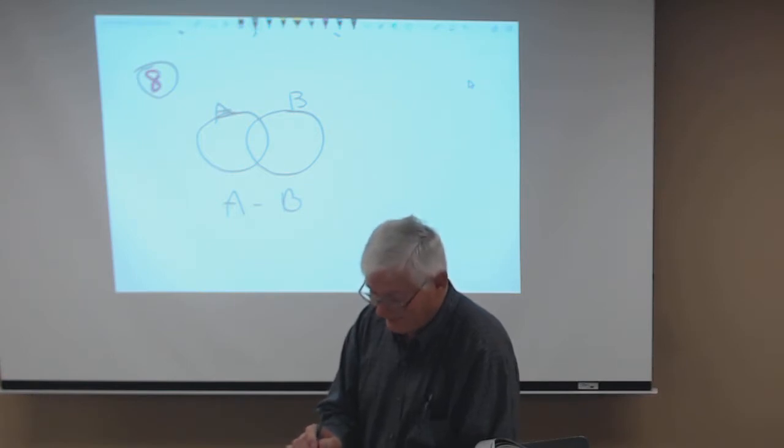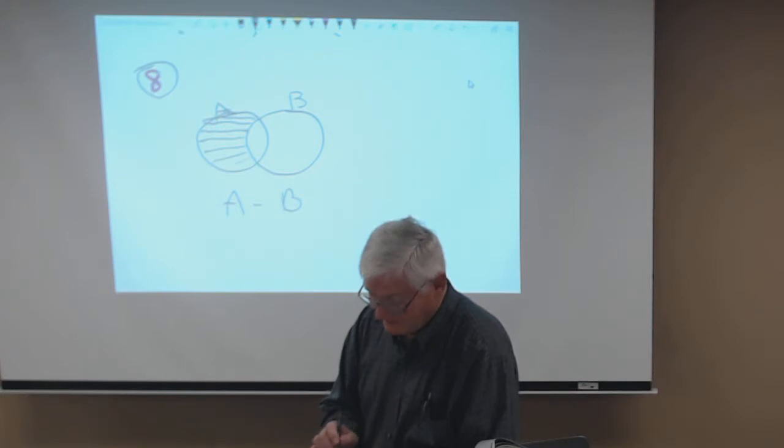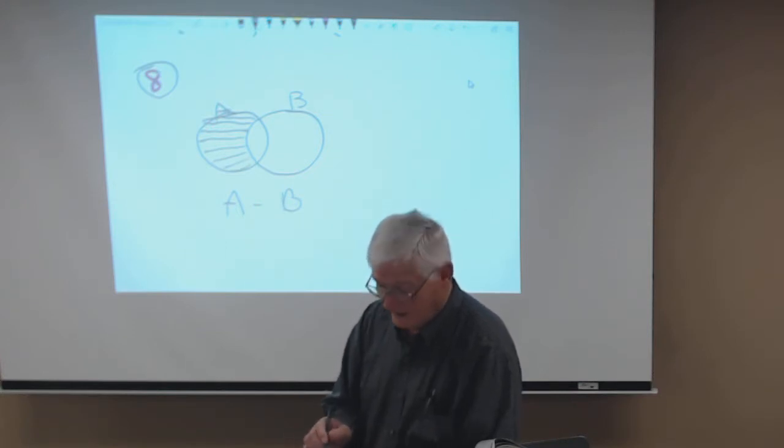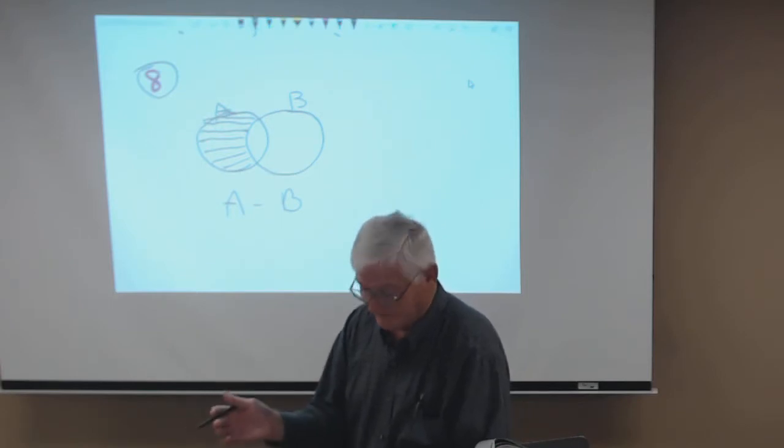B where it overlaps. So that leaves me with this right here. Everybody follow that? This represents A minus B. Take A and everything in B that overlaps with A, you take it away.